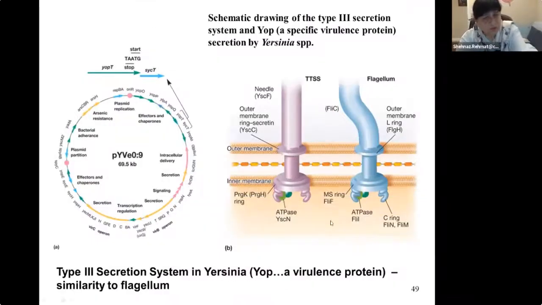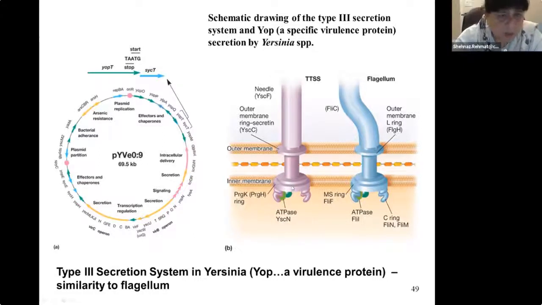Okay, so now we're going to show you the similarities. If you draw the models of the Yersinia transport system, which is a type 3 system, and here is the flagellum. If you remember, the flagellum also has the MS ring and then the L ring in the outer membrane.